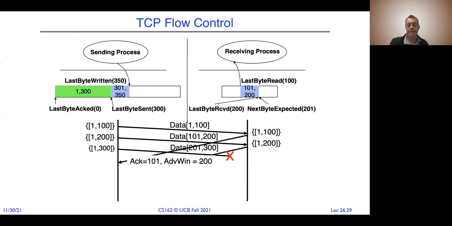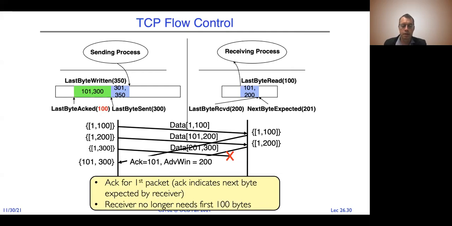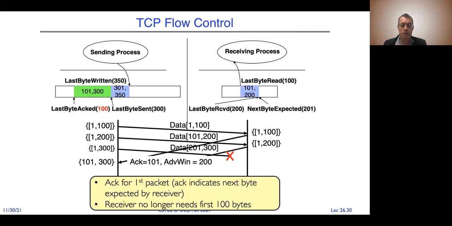I haven't heard anything from the receiver, so therefore I have to stop sending. Okay. Now, in the meantime, I get the first acknowledgement back. It tells me acknowledgement 101, and the advertised window is 200. So the first packet was acknowledged, and it also indicates the next packet to send.